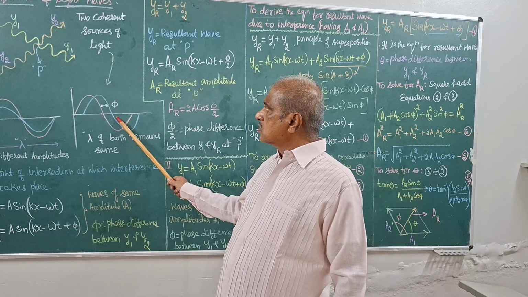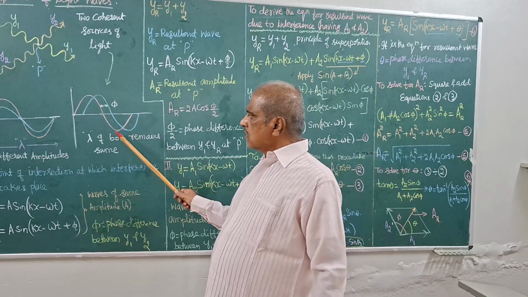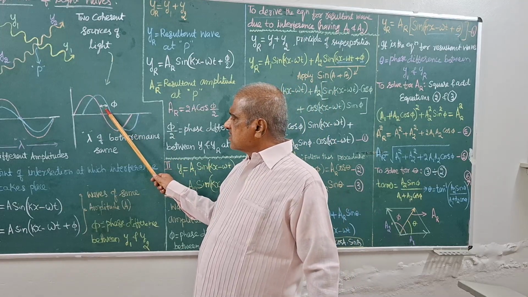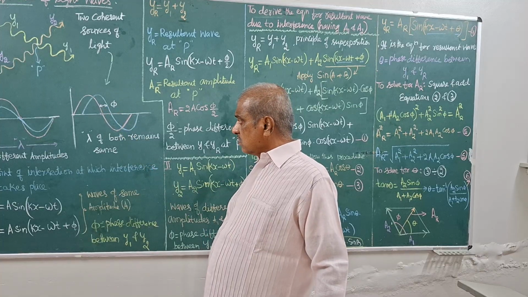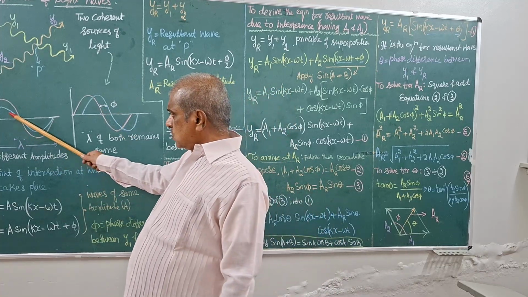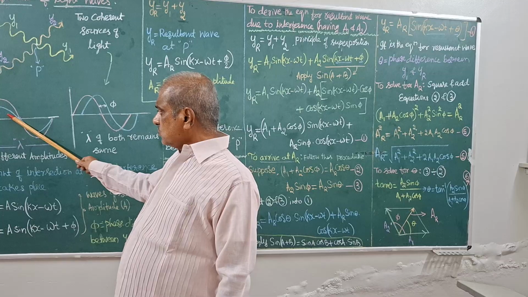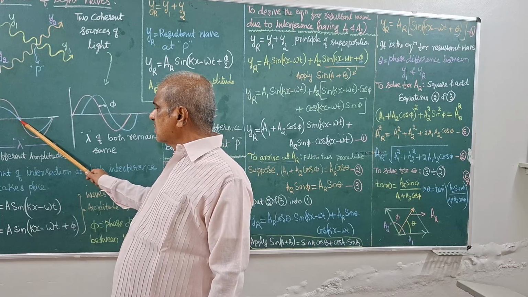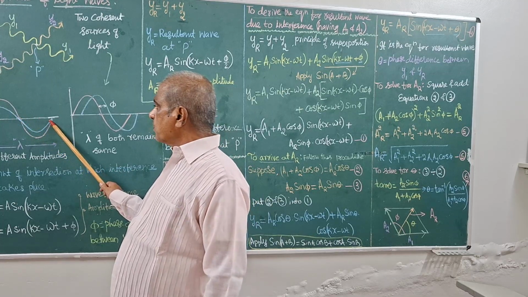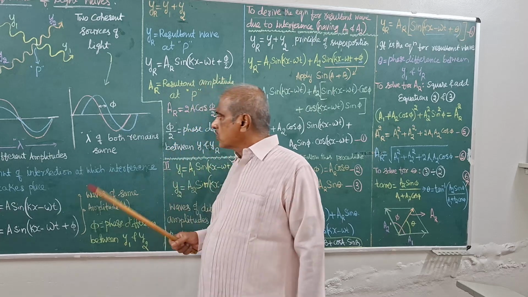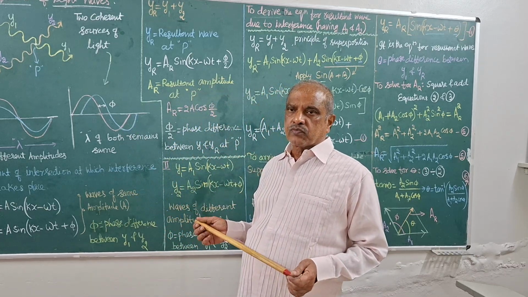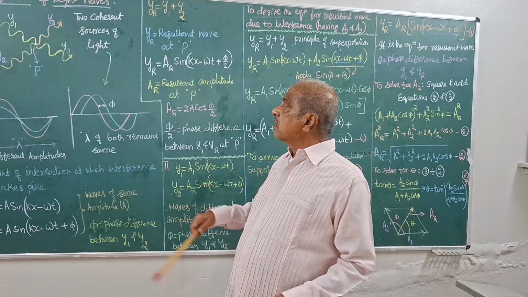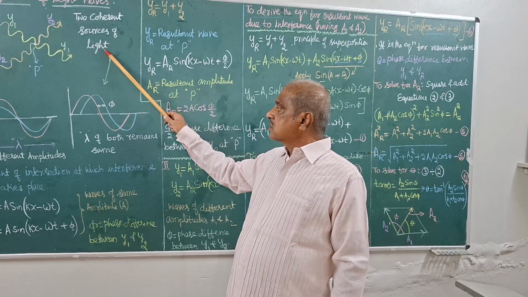In these two sources, there is a phase difference which remains constant over a period of time. But in the earlier case, the phase difference is zero. That is the difference, with which we understood the real meaning of coherent sources of light.